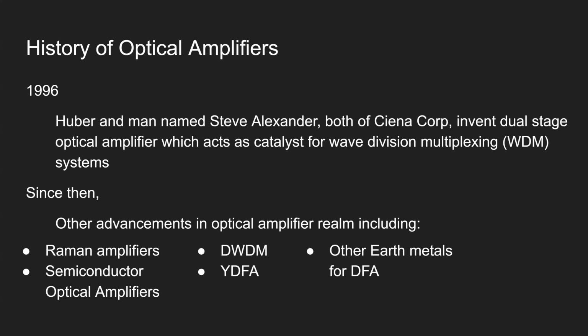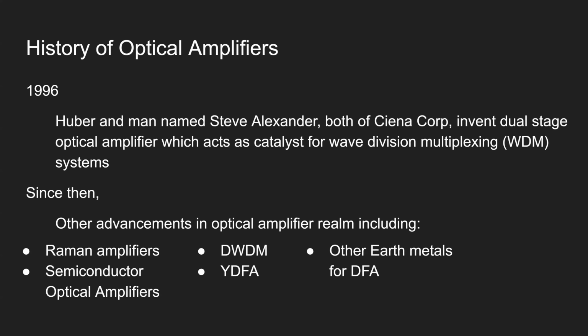Then you have YDFA, which is very similar to the EDFA that I've been talking about, but it's based on an element called ytterbium, which is not as widely commercially manufactured as erbium. And it has more specific applications than erbium, and thus isn't as widely used, but still important.